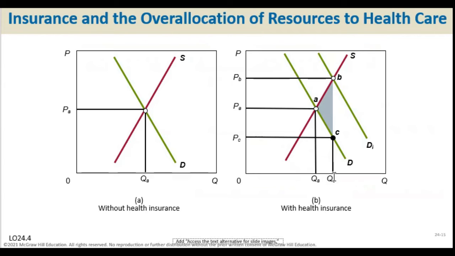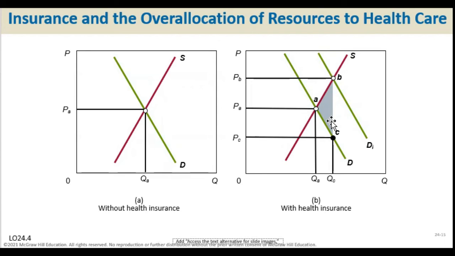The quantity now is overuse of the service by the segment of the population that has healthcare insurance, and that results in a higher price, right? And in this area over here, you will see that we have a loss of efficiency due to overuse or over-allocation of resources.